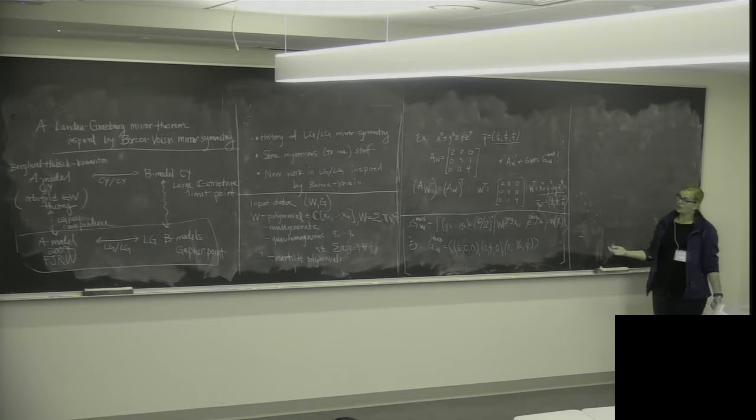Okay, so already maybe this is interesting because just for a single singularity that you might be interested in, there could be lots of different polynomial representatives of that singularity, and for each different polynomial representative, there could be a number of different symmetry groups you might want to pick, all of which could potentially give you different FJRW theories.